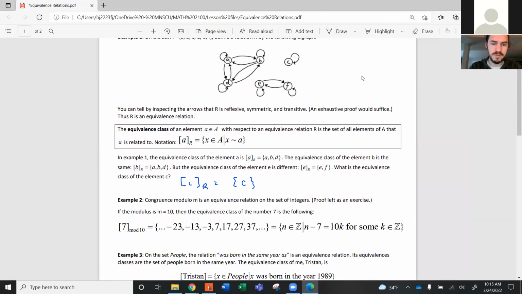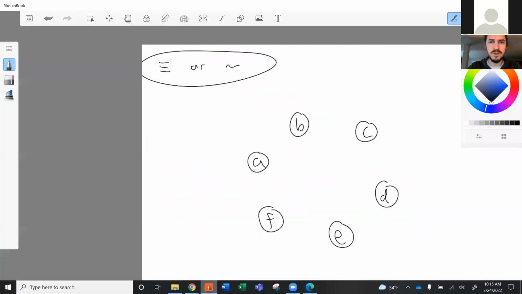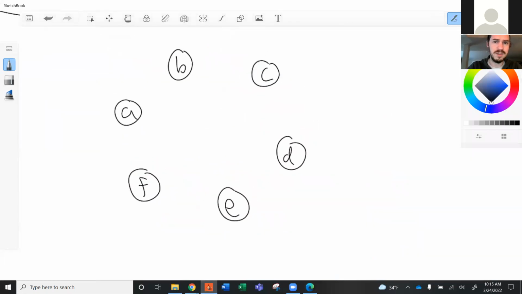Okay. So before we move on to the next example, I want to do a little exercise together. Let's construct our own equivalence relation. I have 6 elements, A, B, C, D, E, F again. Somebody give me an ordered pair of elements.